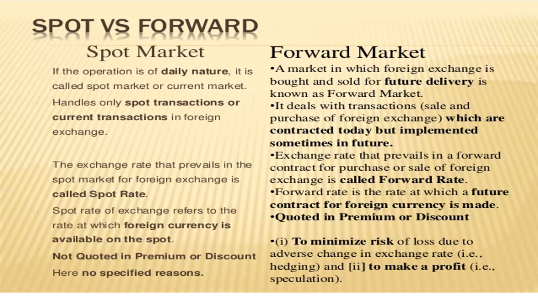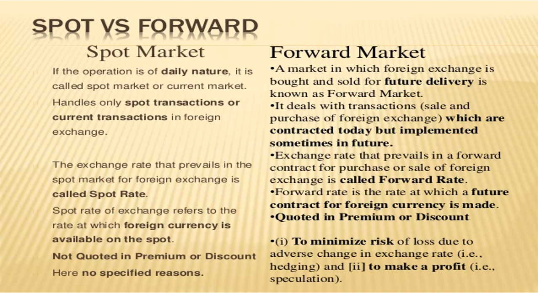Now go to the forward market. A market in which foreign exchange is bought and sold for future delivery is known as the forward market. So I have to exchange the same $10 but in the future only. It deals with transactions which are contracted today but implemented sometime in the future. The exchange rate that prevails in the forward contract for purchase or sale of foreign exchange is called the forward rate.